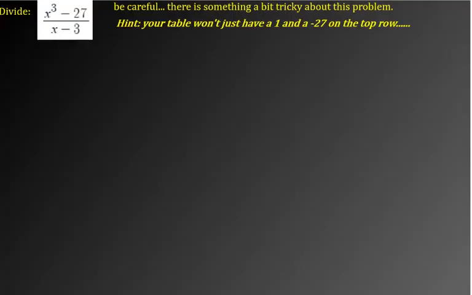Okay, so if we had x cubed minus 27 and we want to divide it by x minus 3, this one is a little trickier because of the structure of this polynomial that we're dividing into. So the table that we're going to set up won't just literally look like 1, negative 27.